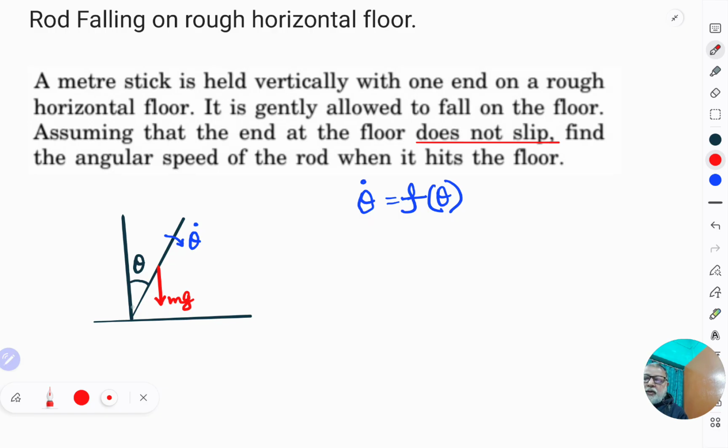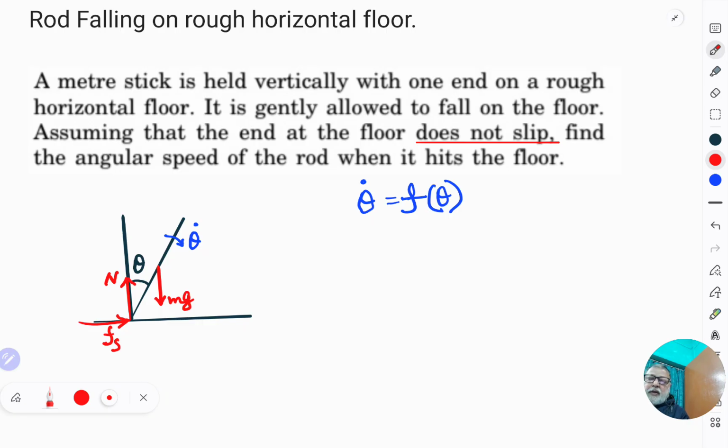The other forces are the normal reaction from the floor vertically upward, and the third force is force of static friction, Fs, I call it, acting from the floor.